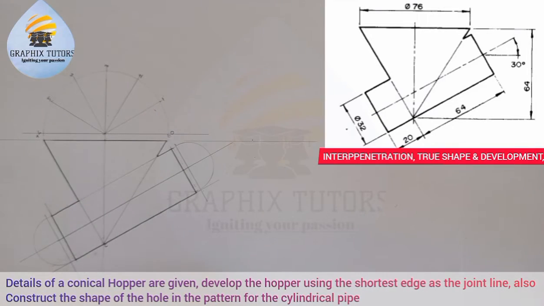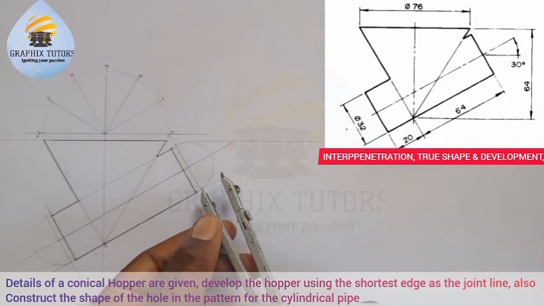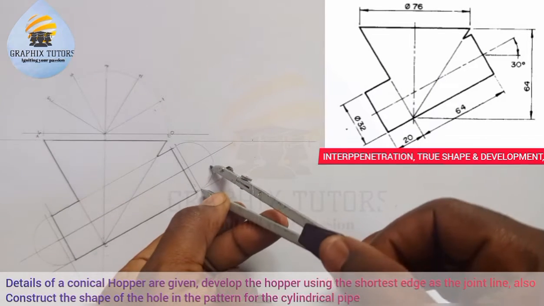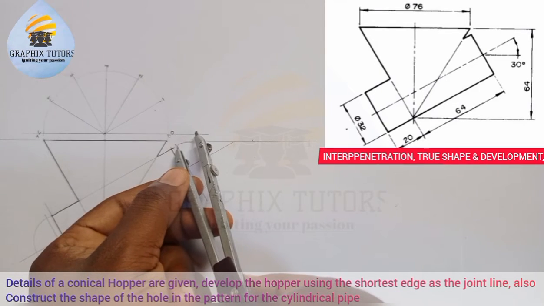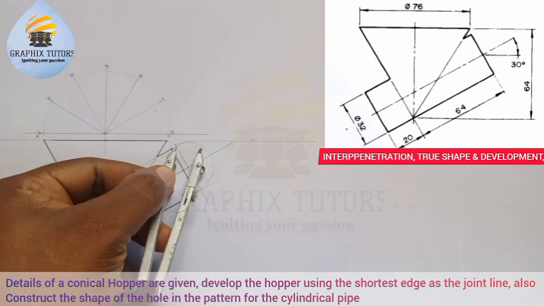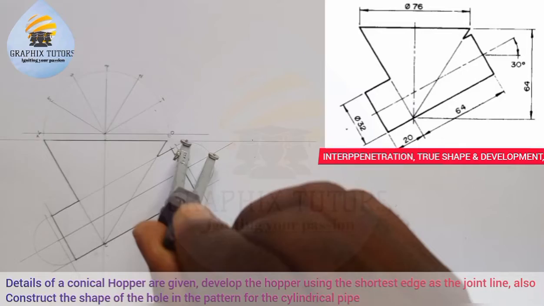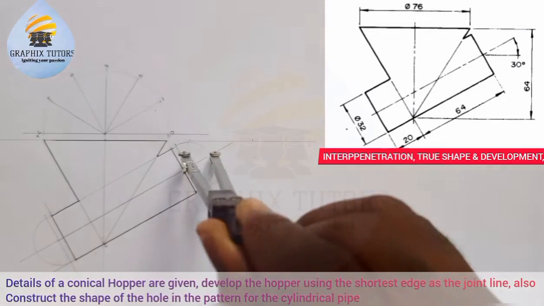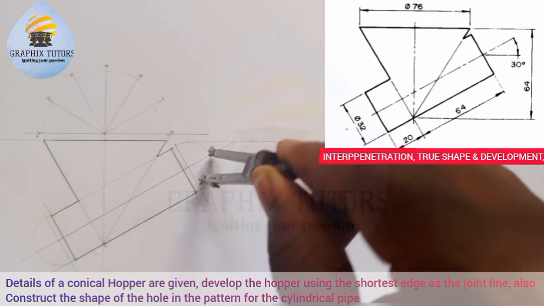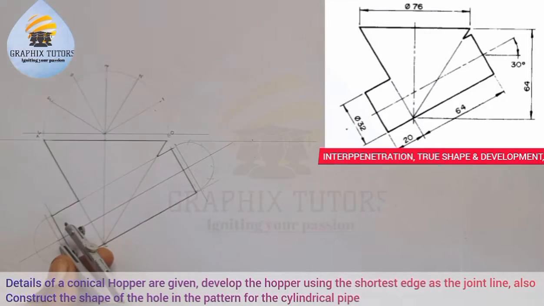Now with the same radius I used, I'll just divide the circle. So when I place it here, I'll cut here. I place it here, I'll also cut here. I'll come to this point here, I'll cut this point and this point. I'll come here and do the same thing here too.